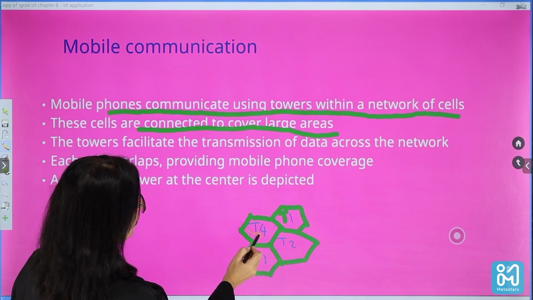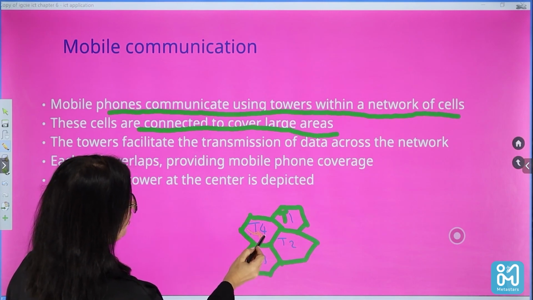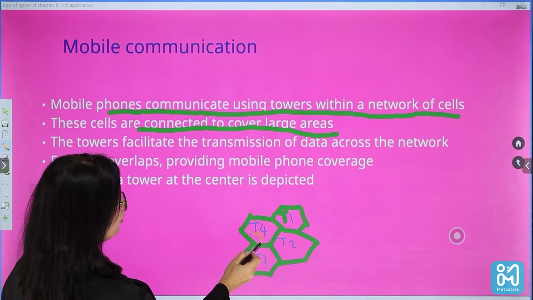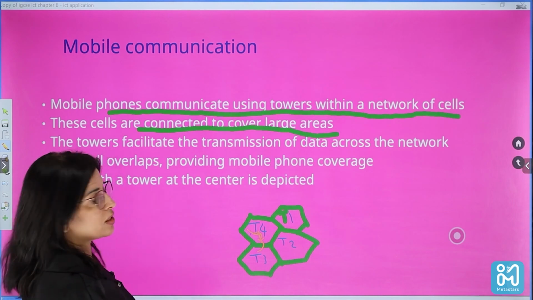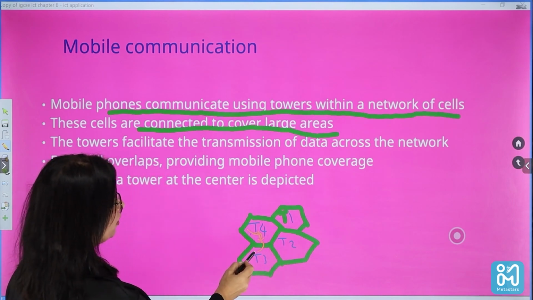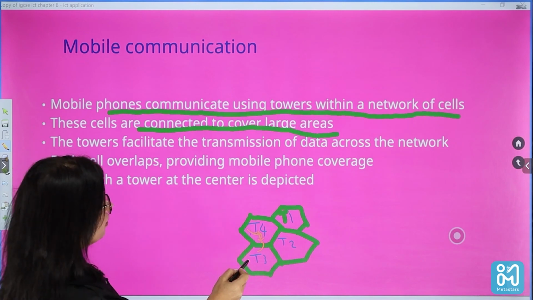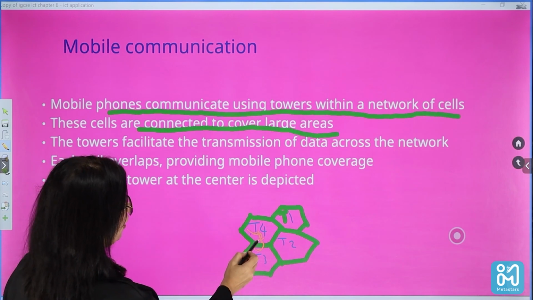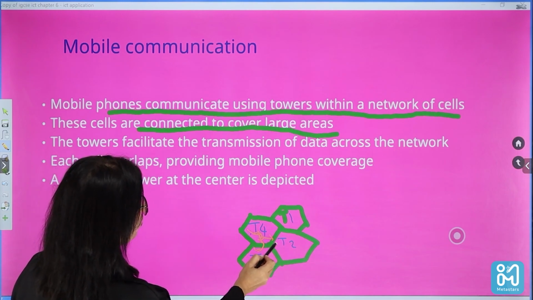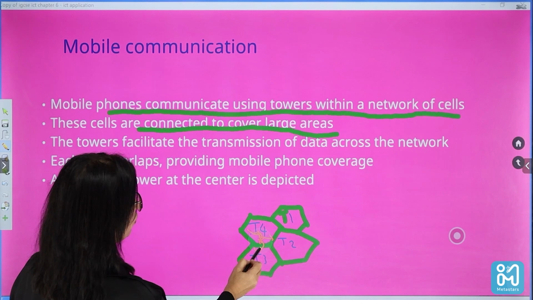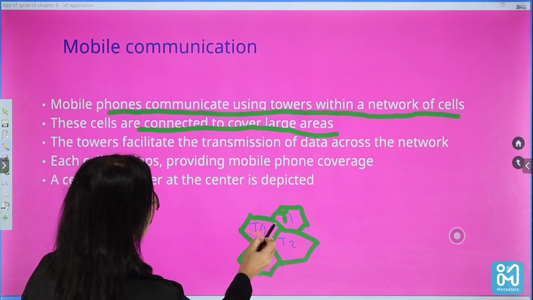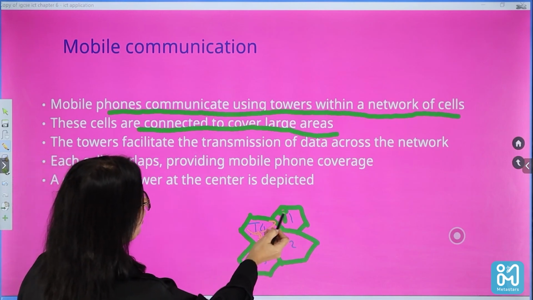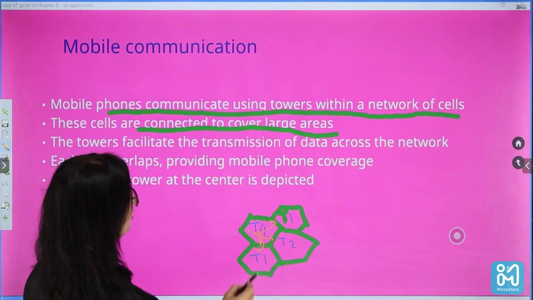But by coming to the end of the cell, the signal will be weak. So your device will directly connect to the closest one, either tower 2 or tower 3. It will catch the stronger signal and connect to it. If your direction is to this side, it will connect to T2; if your direction is to T3 or T1, your mobile phone will capture the stronger signal by moving.